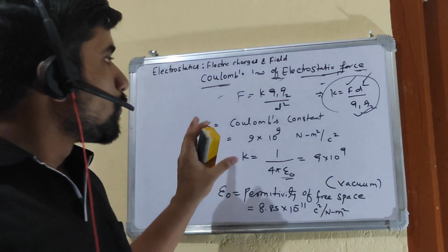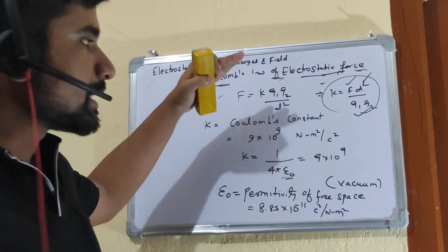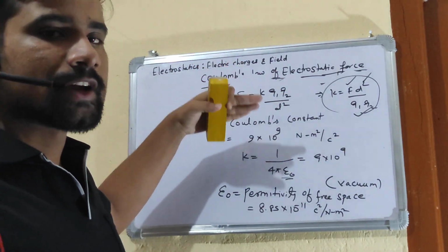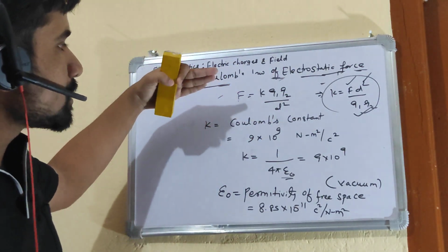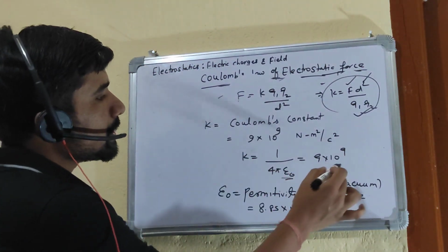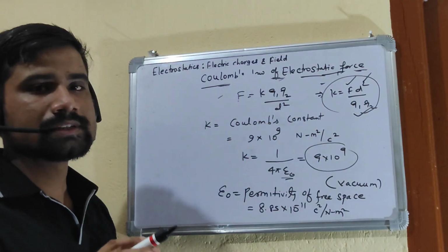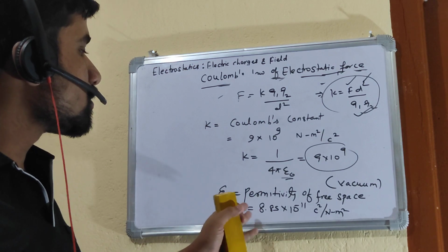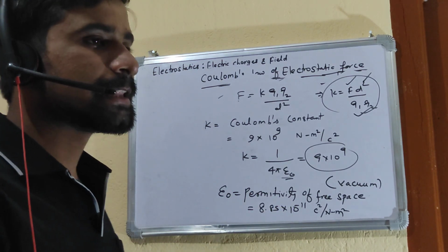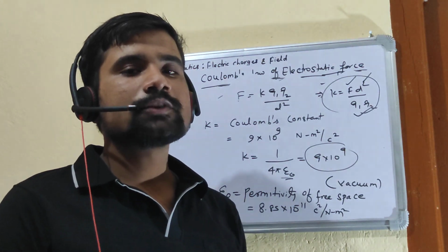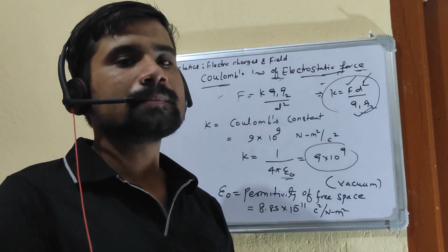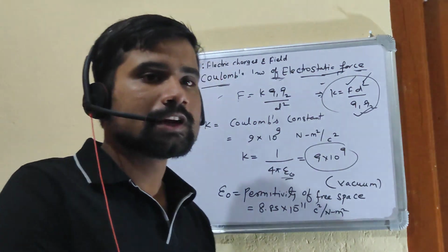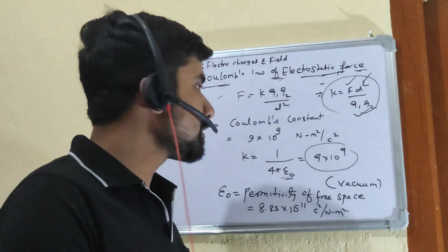So we assumed that two charged bodies were placed in vacuum, and based on that the value of the constant is 9 into 10 to the power 9, which is the general case, and epsilon naught comes to be 8.85 into 10 to the power minus 11. Now we should think, what if these two charged bodies are placed in some different medium? There we need to place a variable for that as well.